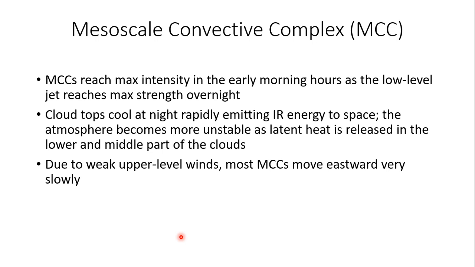Cloud tops generally cool at night, and when they do, they rapidly emit infrared energy to space, and the atmosphere becomes more unstable as latent heat is released in the lower and middle parts of the cloud. And due to weak upper-level winds, most mesoscale convective complexes, or MCCs, move eastward very slowly.